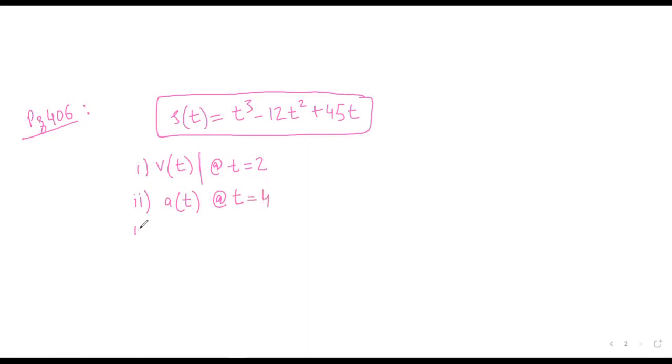The third question is, find the value of t when the particle is instantaneously at rest. Have you understood? Now, this is what I want to arrive at: how do we answer this? Particle is instantaneously at rest. Have you understood this question?